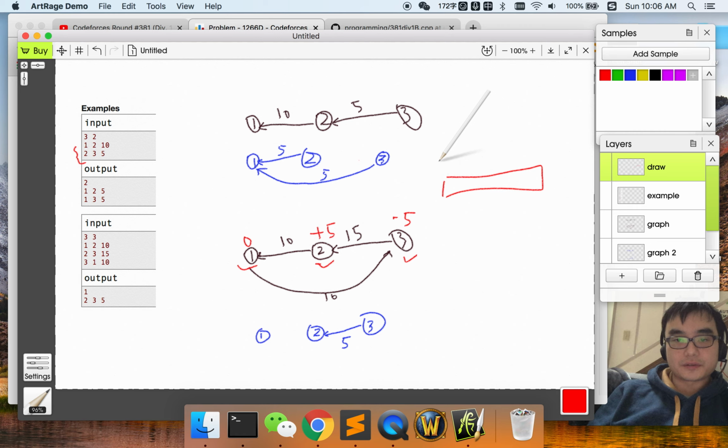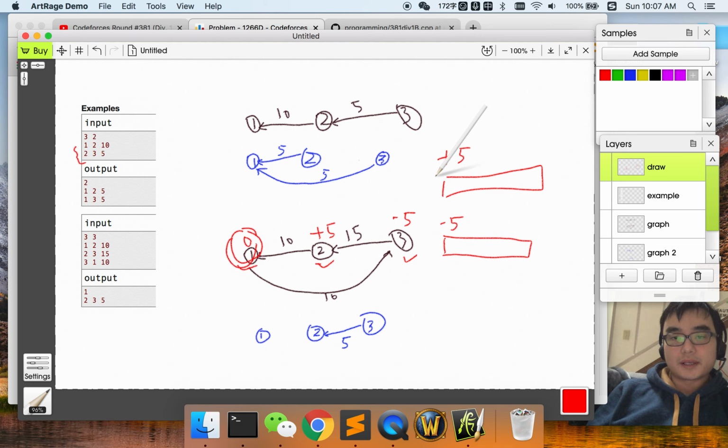The first queue is the people who have positive balance, and the second queue is the people who have negative balance. We just need to ignore the people with balance of 0, because we don't need to do anything for those people, right?